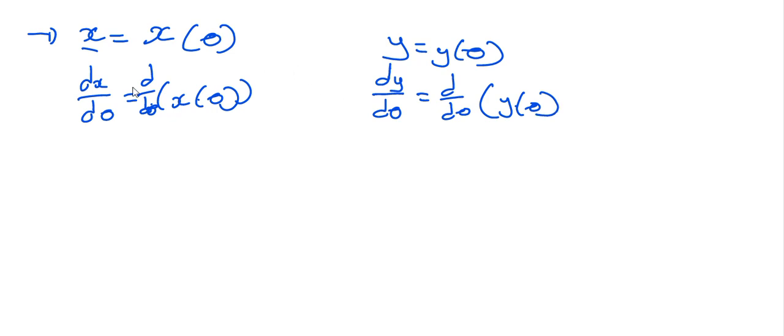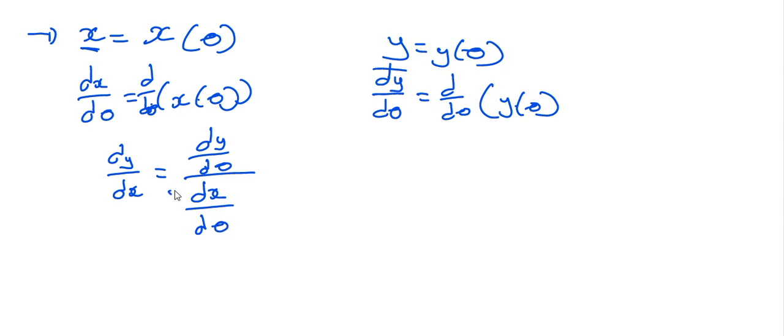As you can see, we have an equation of x and also an equation of y, so we differentiate them separately. If we want to find dy over dx, we are going to say dy over dtheta over dx over dtheta.